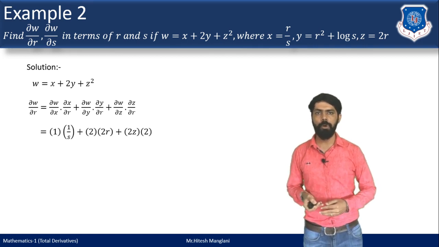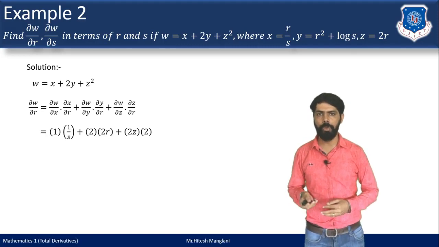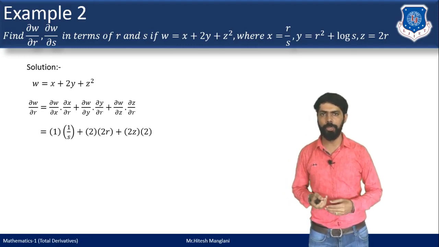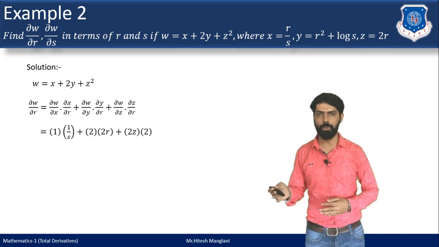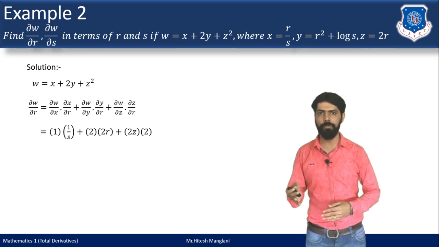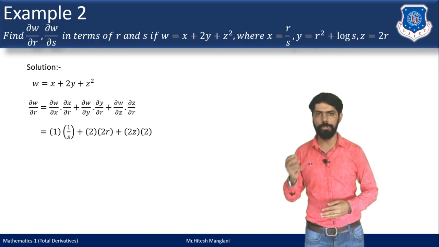Now think about del w by del y. So we know that w is equal to x plus 2y plus z square. So del w by del y will be 2 into the derivative of y, that is 1. So it will be 2. And the first term, that is x, the derivative of that term will be 0 because it is a constant, and the last term, that is z square, is a constant, so the derivative of that term is also 0.